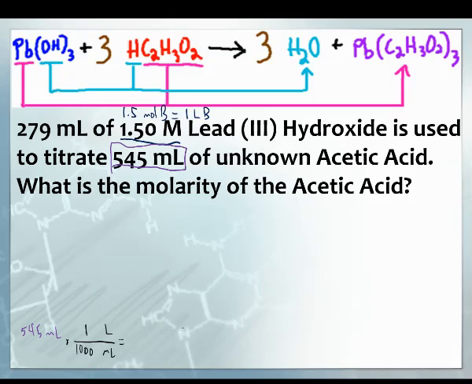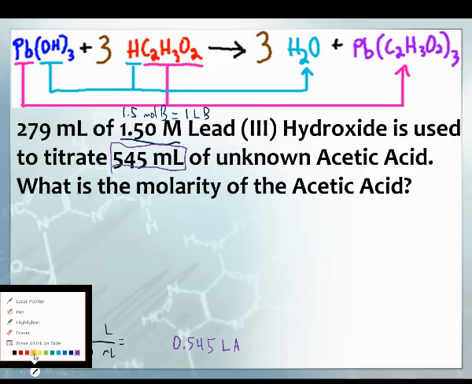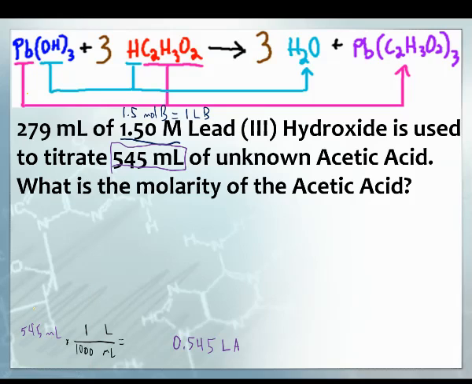So what I've got here is 0.545 liters of our acid. All right, so I've got that. I'm going to hold that aside. Now I'm going to work with the other start that I've got here. I've got this 279 milliliters of our base.